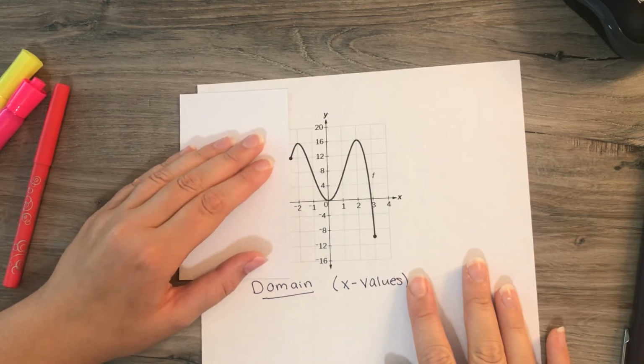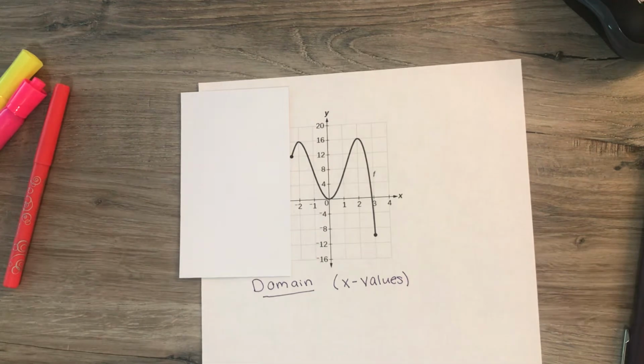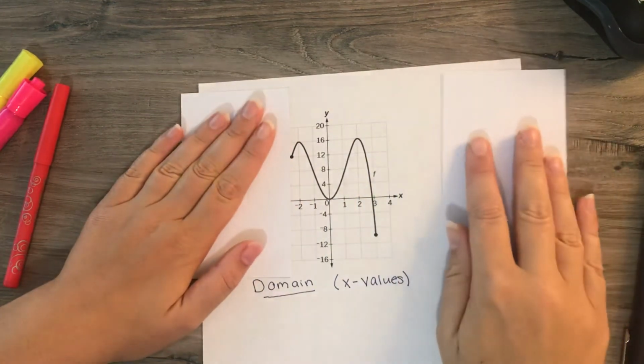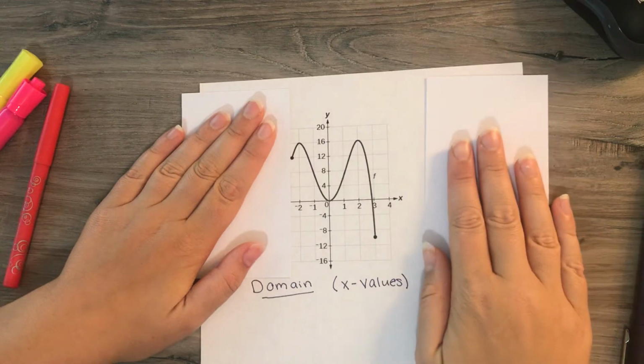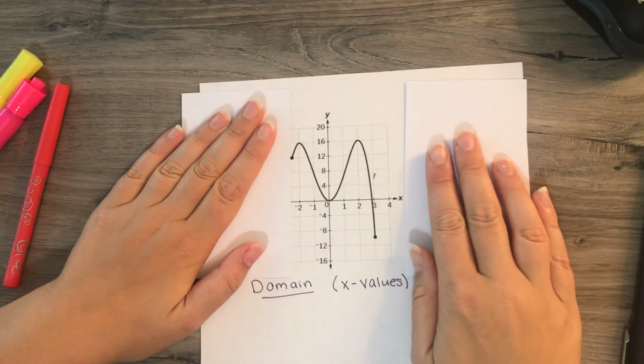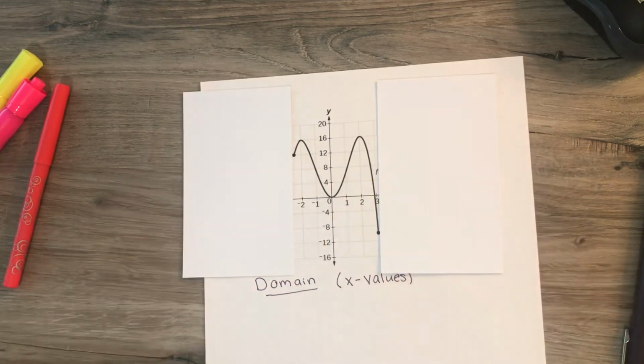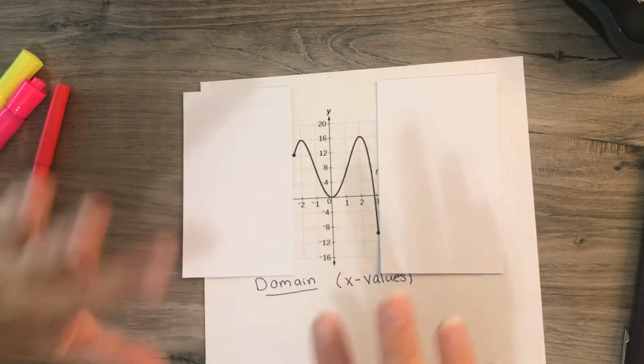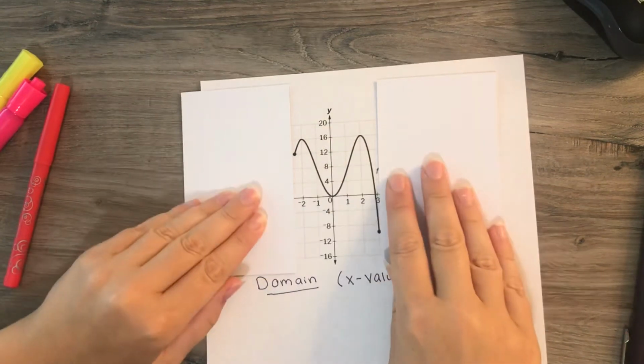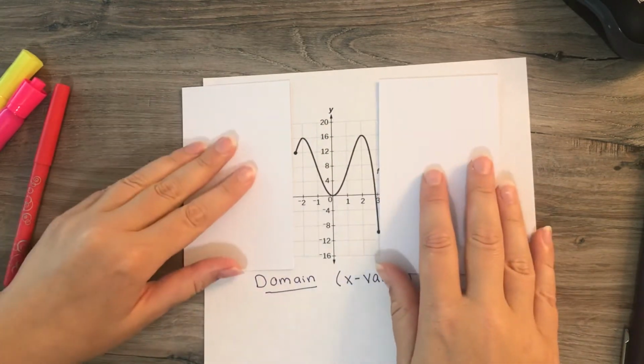Right there. I'm going to do the same thing coming from the other direction, taking my card and sliding it until I hit the first point on my graph. Right there. My entire graphed function exists between these two index cards.